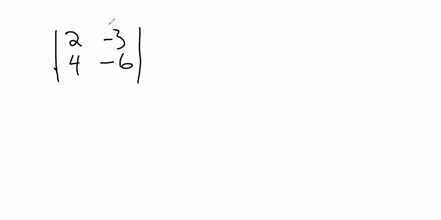Look at this first row, 2, -3. The second row is just the first row being multiplied by 2 completely. 2 became 4, -3 became -6. In other words, the second row is said to be a multiple of the first row. Ooh, when you have something like that in a matrix like this, you have something really funny going on. You have some interesting structure.